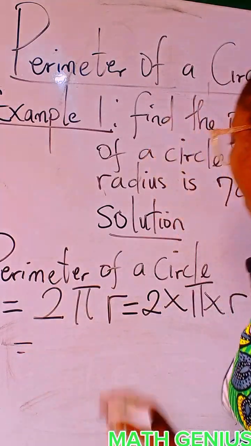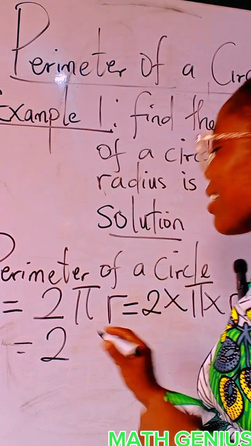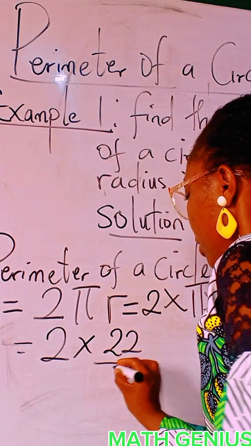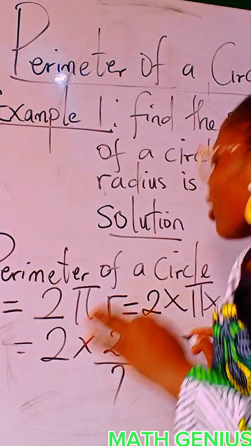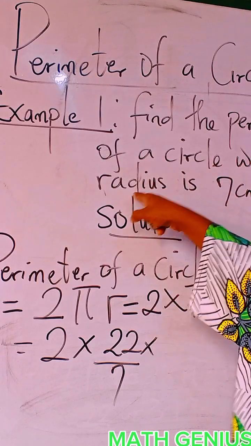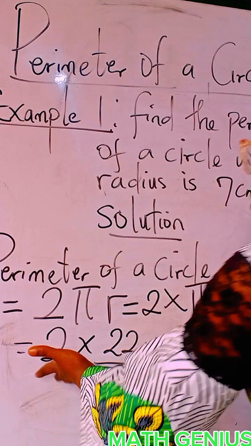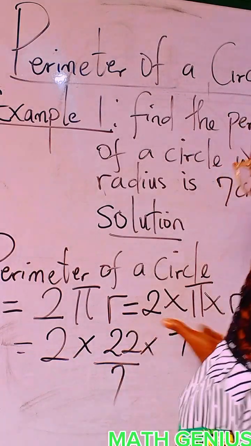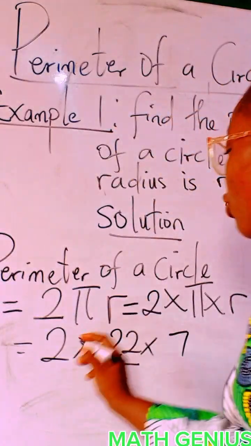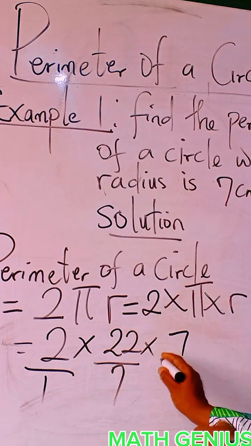Remember, 2 is a constant value, it's not going to change. Pi has a constant value in math, which is 22 over 7. Radius was given to us in this question. Our question says whose radius is 7 centimeters. Now we have 2, we have 22 over 7, a fraction, and we have 7. Just to be careful, I advise that you give the denominator of these two as 1.